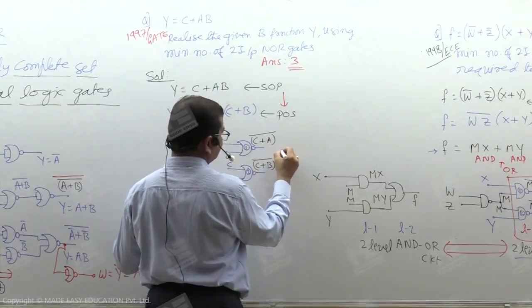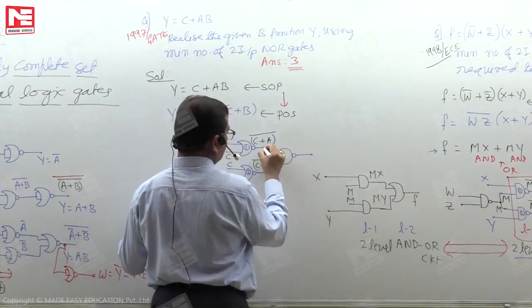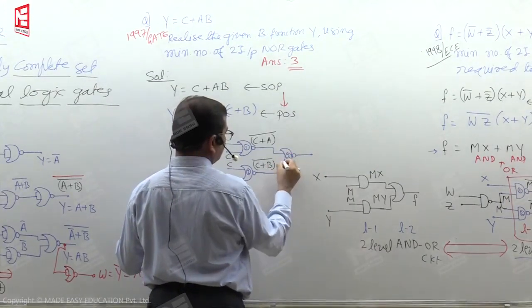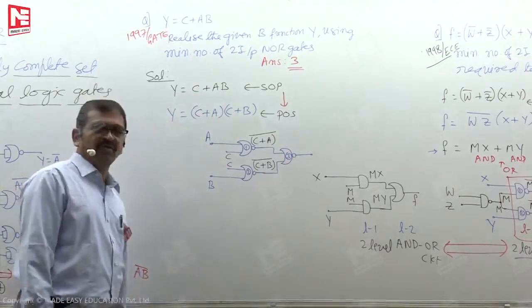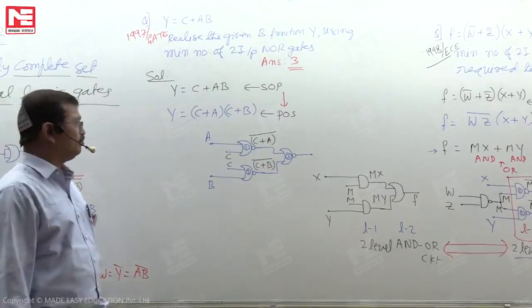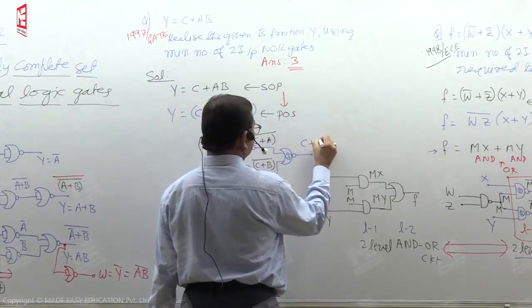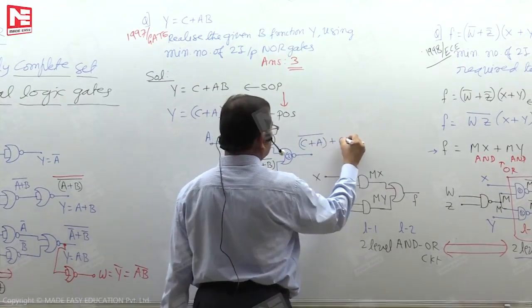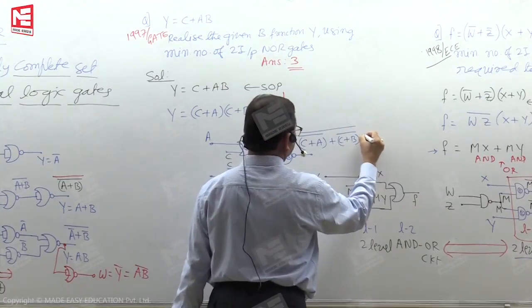Later, we use one more NOR, let us name it NOR gate 3. One input is from the gate 1 output, the other input is from the gate 2 output. So the gate 3 output is ((C+A)' + (C+B)')', the whole complement.